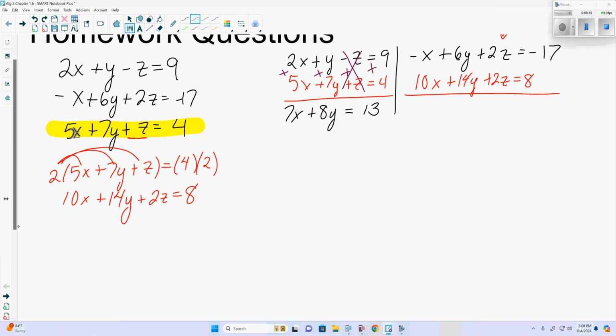Pretty close to lined up. So if we look at our z's over here, we have positive 2z and positive 2z. 2 minus 2 is 0.